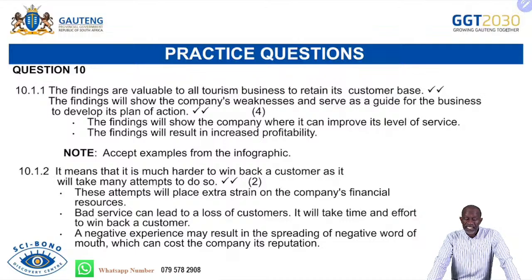For example, they will have to spend more on aspects such as advertising and marketing. Bad service can lead to a loss of customers. It will take time and effort to win back the customers. A negative experience may result in the spreading of negative word of mouth, which can cost the company its reputation.